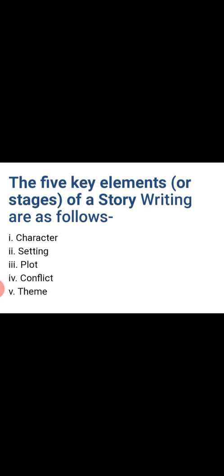Okay, now let us discuss the 5 key elements for writing a story. The first one is character. Before you proceed with writing the story, you have to create the characters for your story. Don't take up too many characters because you are writing from an examination point of view, isn't it?